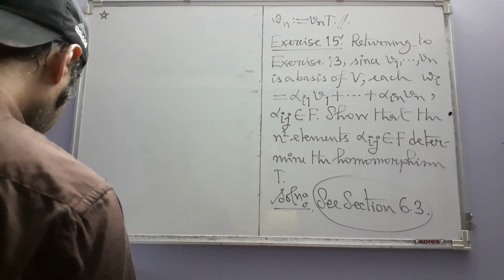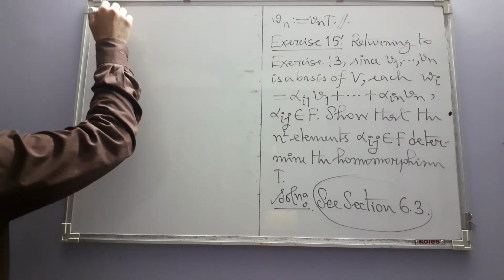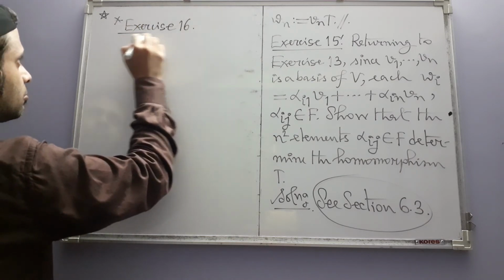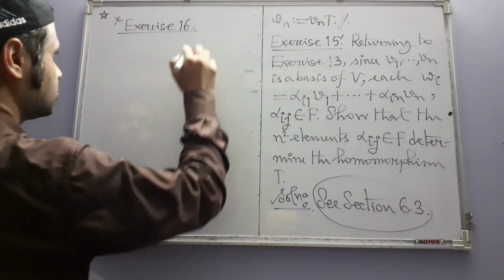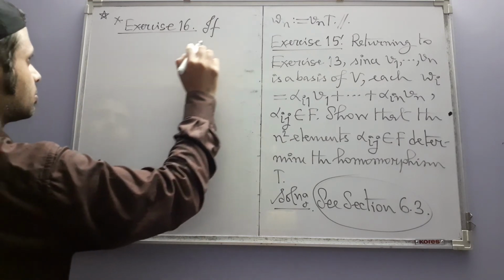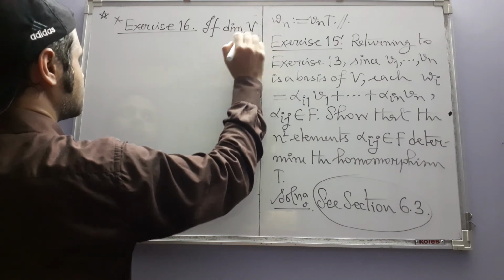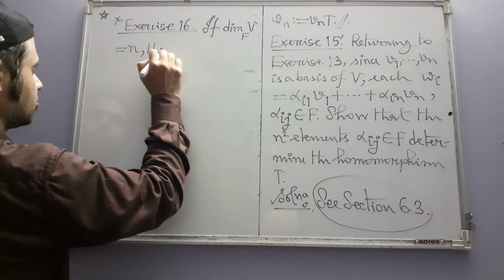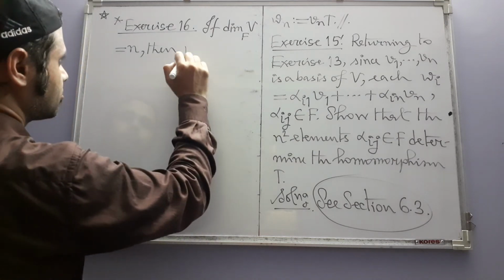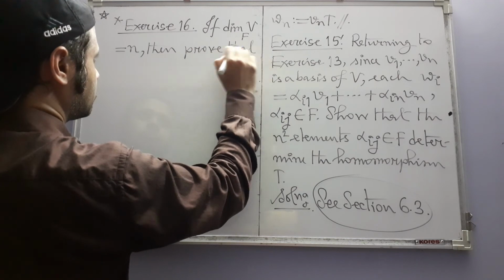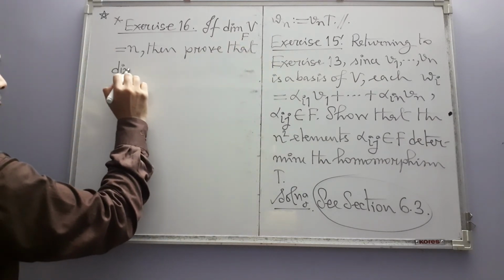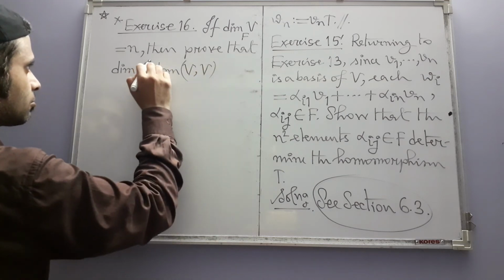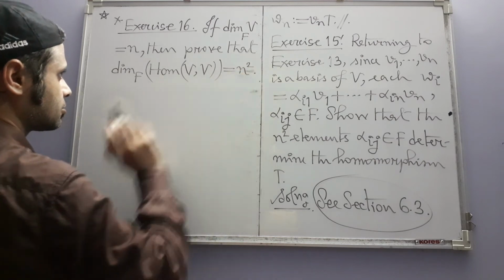And there is another one, similar. If the dimension of the vector space V over the field F is n, if V is an n-dimensional vector space, then prove that this is n square.